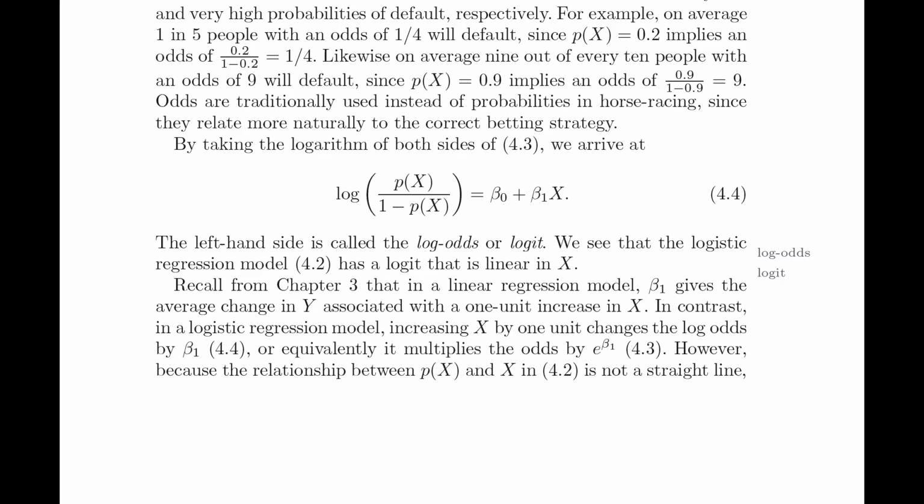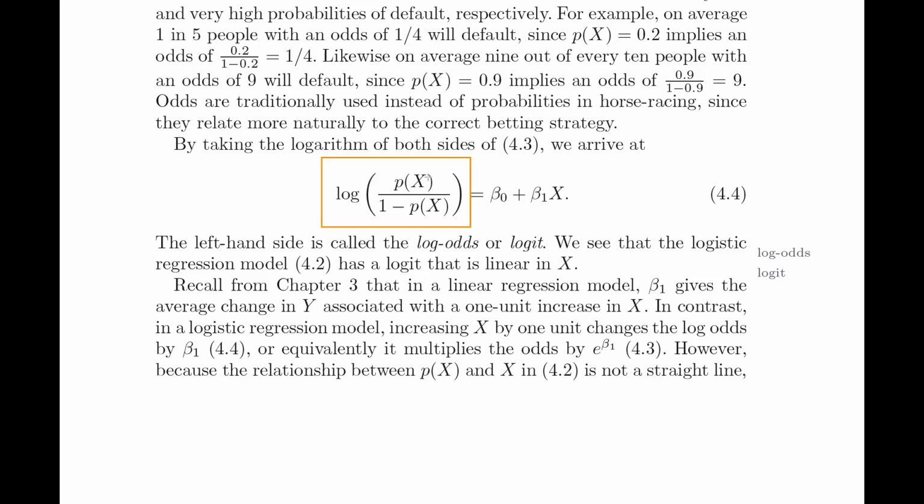In contrast, in a logistic regression model, increasing X by 1 unit changes the log odds by beta 1. Not the odds, so the odds are not going to be linear.